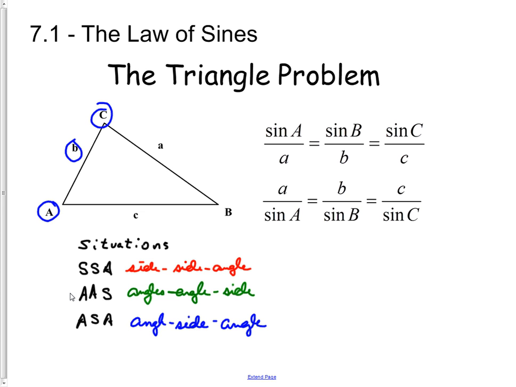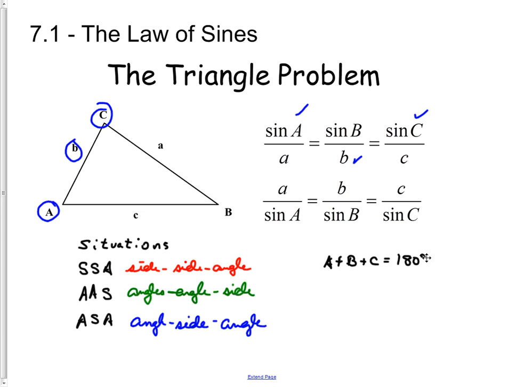Now, why would this fall in the law of sines? After all, we're given, let's say, angle A, we're given angle C, and we're given side B. It doesn't look like it's enough, right? We'd have to have angle B. Well, we can use this situation because, as you know, the angles inside any triangle, angle A plus angle B plus angle C, always must add up to 180 degrees.